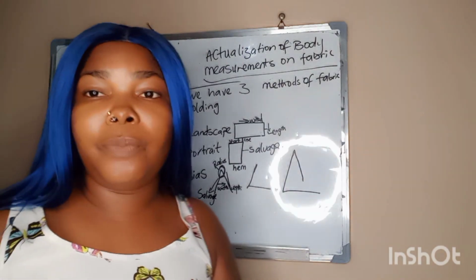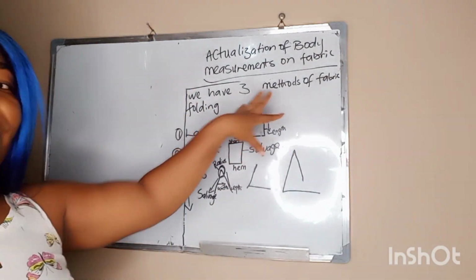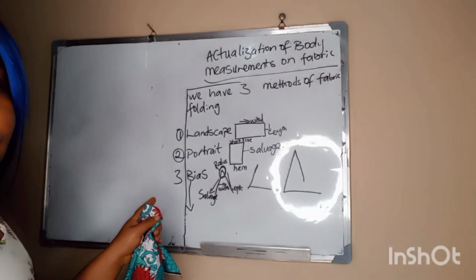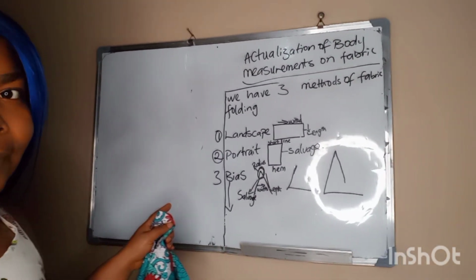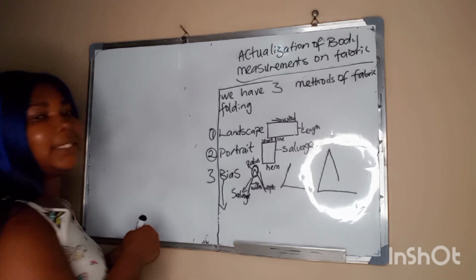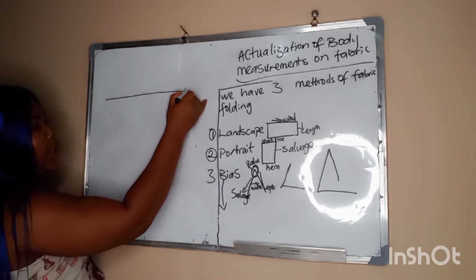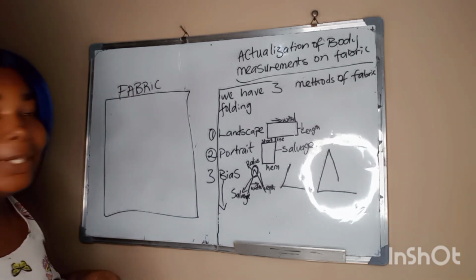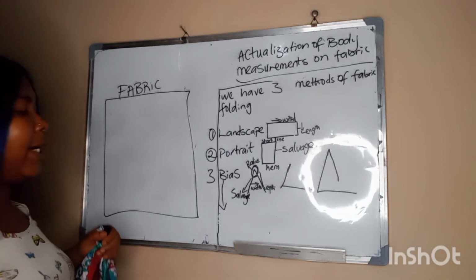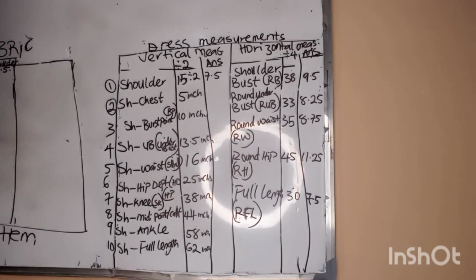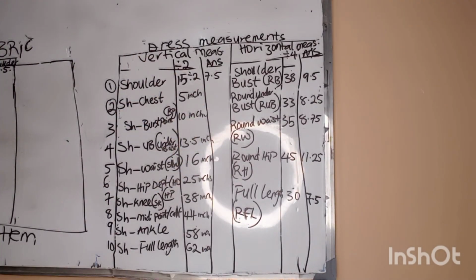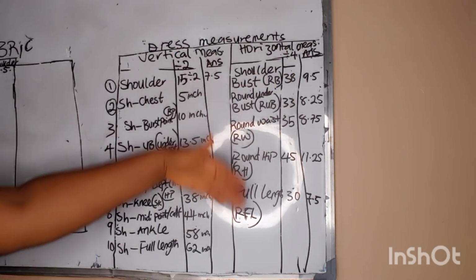So now we move from the method of folding to how to actualize our basic body measurement. Take for instance that this is your fabric. I want to take my body measurement, and the measurements that I'm using, looking at the board here, this is our dress measurement chart.